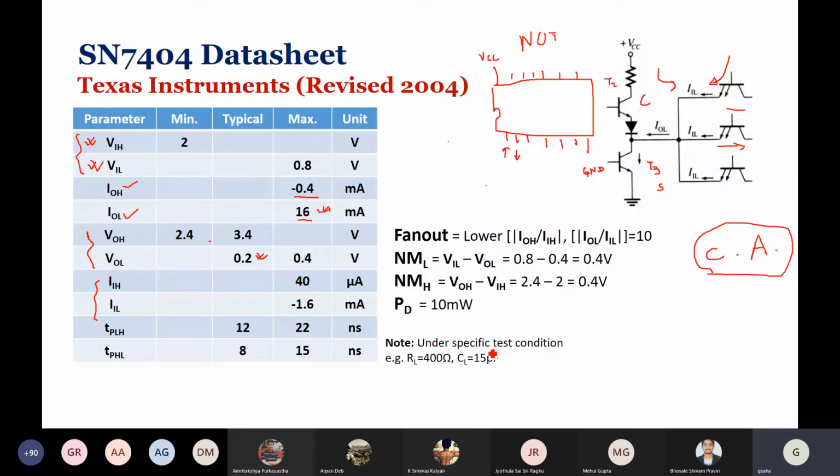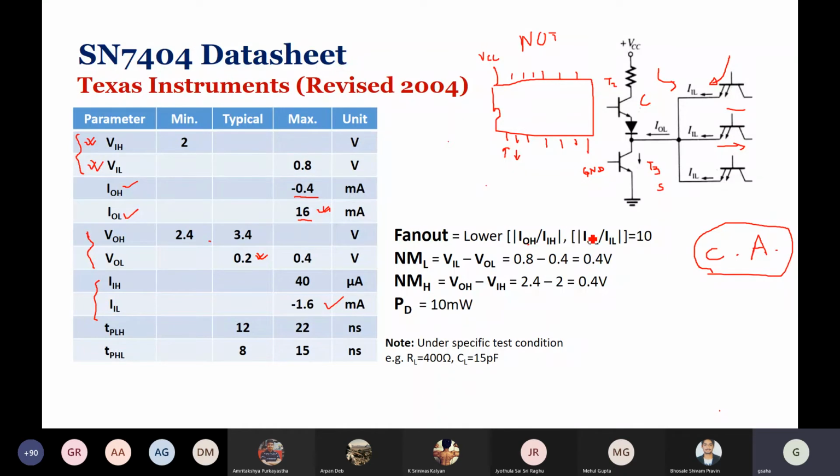This is of the order of minus 1.6 milliampere because it is going away, if you look at it from this transistor's emitter point of view. That is the reason for the minus, and the amount is 1.6 milliampere.